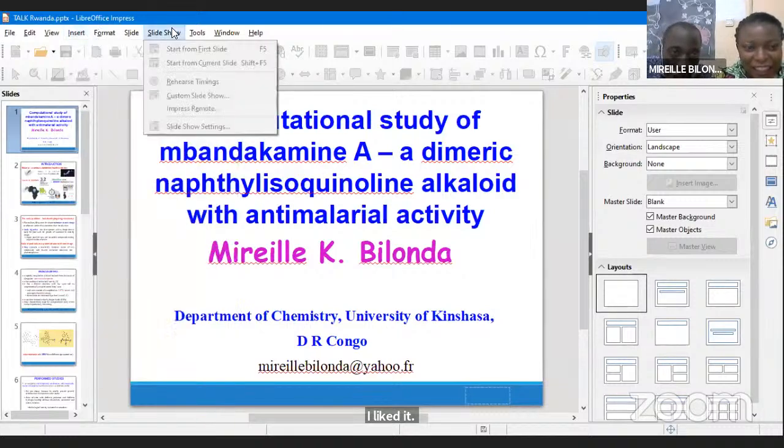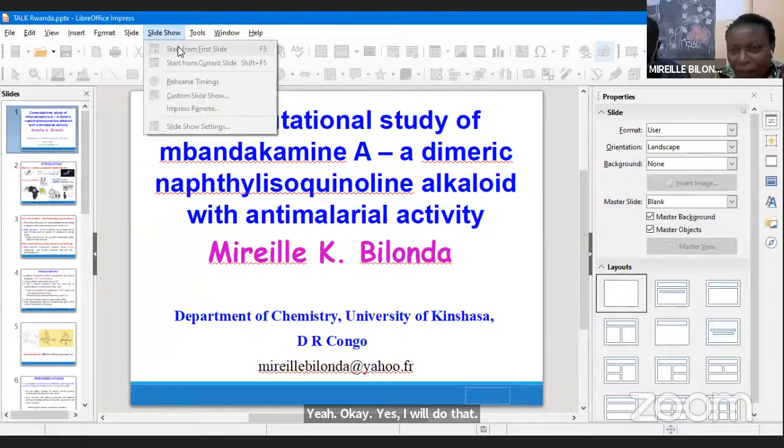Oh, it's not highlighted. I don't know what is happening. Does anybody know what to do? I think we can all see the slides clearly enough if you just want to click through them as it is.